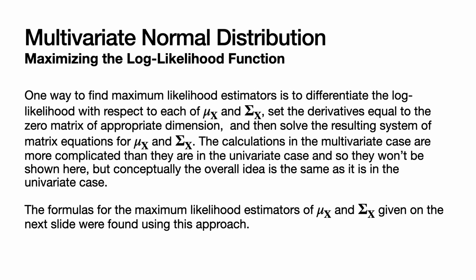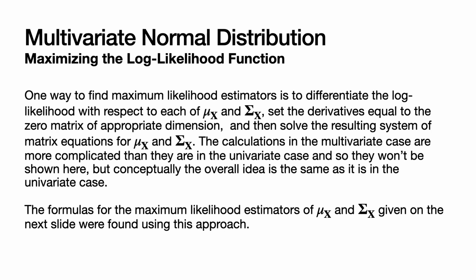One way to find maximum likelihood estimators in this situation is to differentiate the log likelihood with respect to each of the mean vector, μ_x, and the covariance matrix, Σ_x, set the derivatives equal to the zero matrix of appropriate dimension, and then solve the resulting system of matrix equations for μ_x and Σ_x.